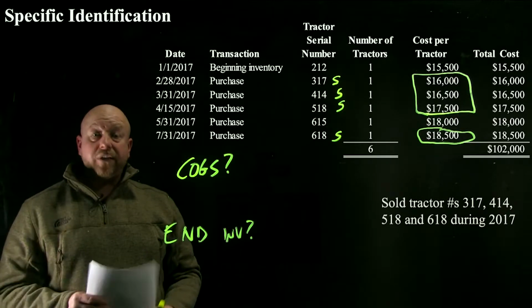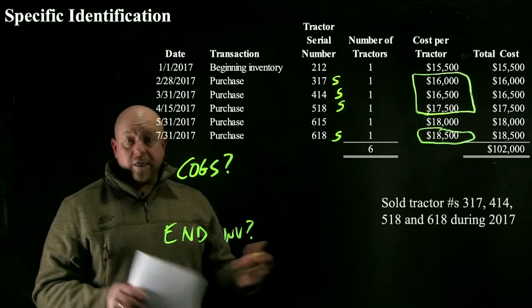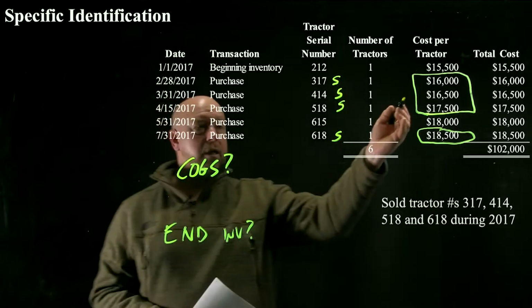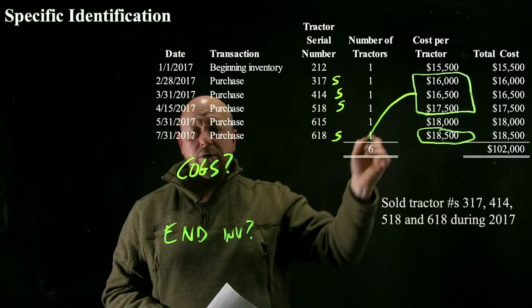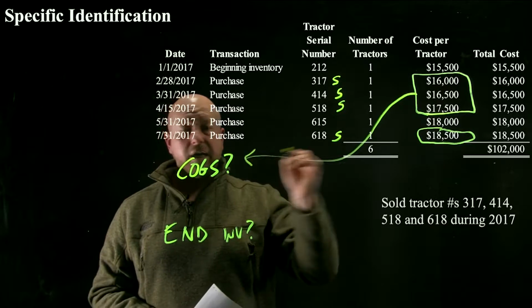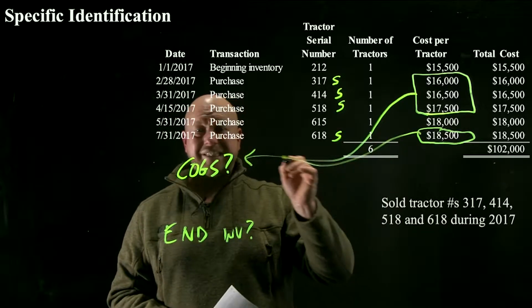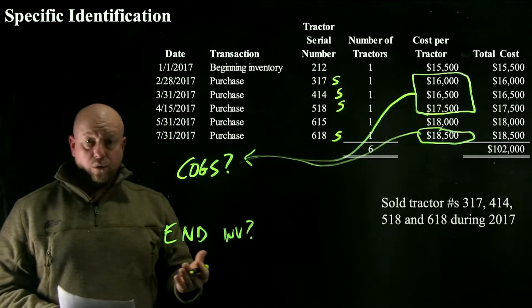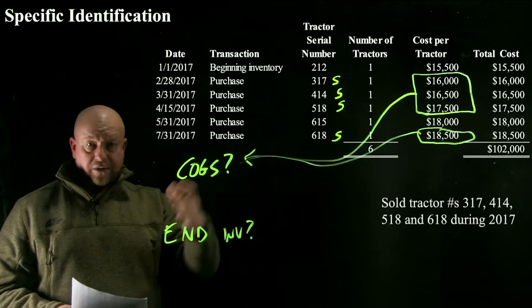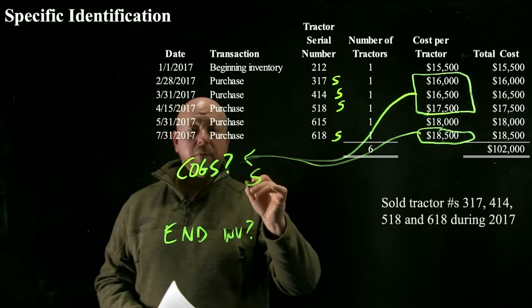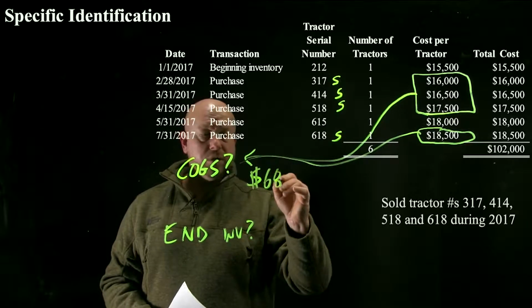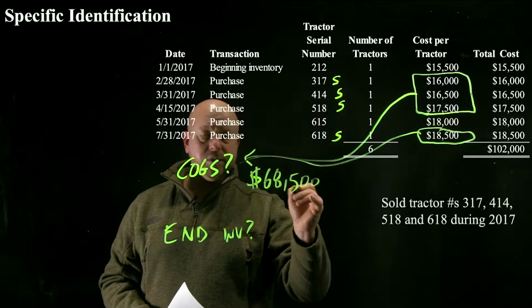So the specific identification method, as I said, is arguably the most accurate, because what you're basically going to do is say, all right, let's add up the costs of the specific items that we sold, those 4 tractors, and if you do the math on that, you'll figure out your cost of goods sold is $68,500.